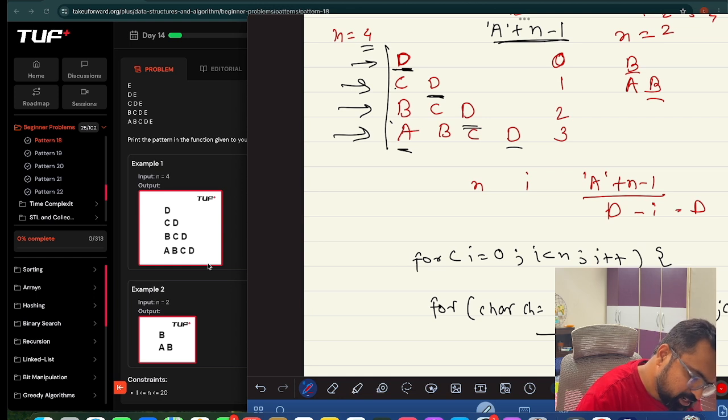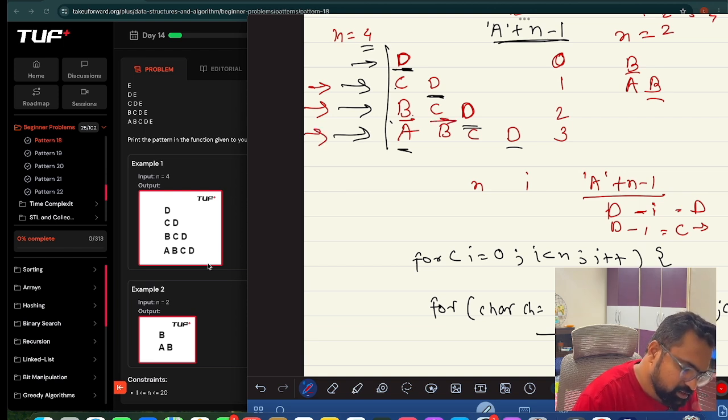Let's say in the second case, is it D minus i? That means D minus 1. Is it C? Yes, from C to D we have to run the loop, correct? In this case, D minus 2, that means D minus i is D minus 2, which is B. Yes, B to D we have to run the loop and print.